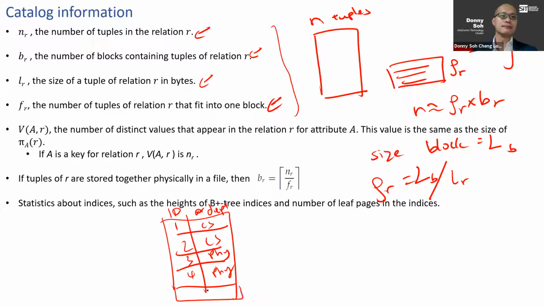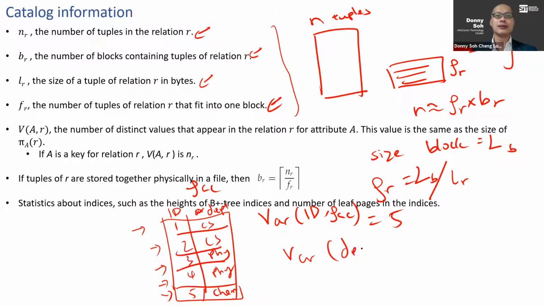In this case, V of ID on the faculty table is going to be equal to 5, because there are 5 distinct values here, and V of department in faculty is going to be equal to 3, because there are 3 distinct values here. So this is how we look at V(A, R).